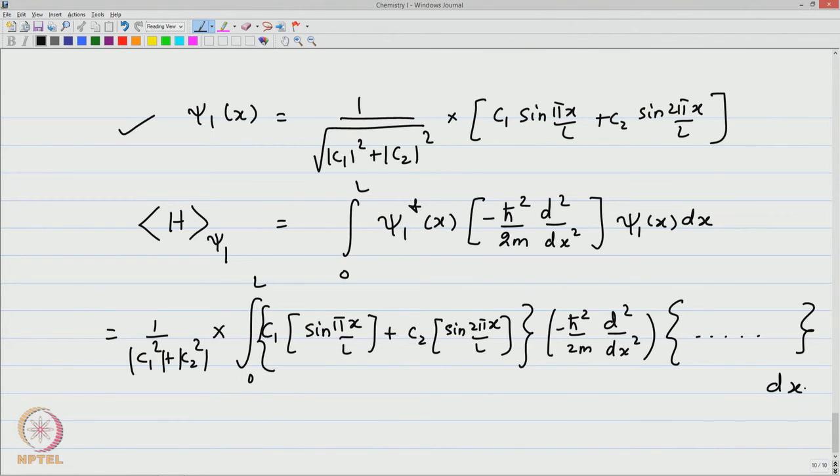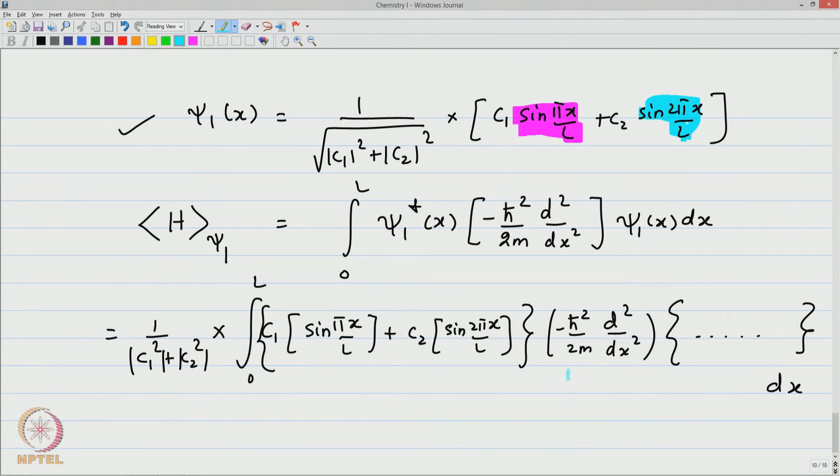You know that the individual wave functions, the wave function sin pi x by L, has an eigenvalue h square n square by 8 m L square, where n is 1. The wave function 2 has an eigenvalue h square into n square, n is 2 here, therefore it is 4 h square by 8 m L square.